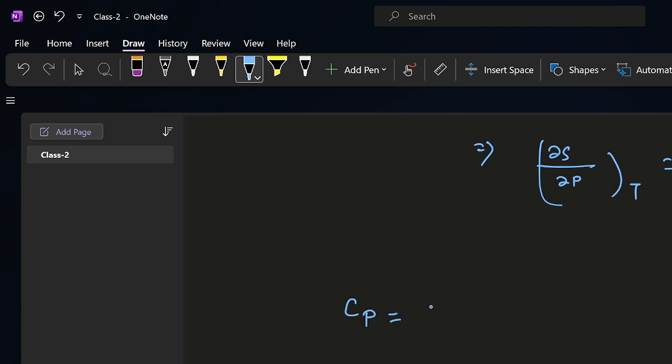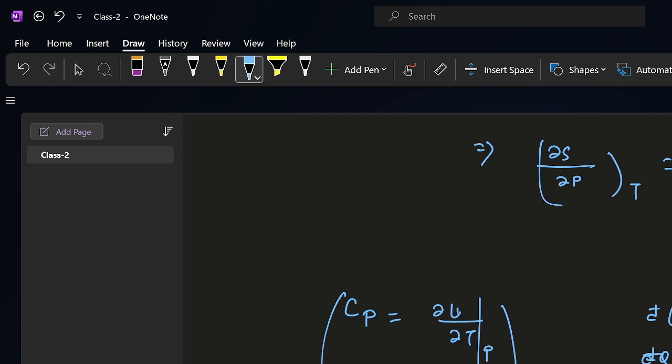Cp is equal to del U del T at a constant pressure, and if dq equal to du plus P dV, then in case of a constant pressure case, Cp dT equal to dq, which is du. So this whole thing is Cp equal to del U del T at P constant.